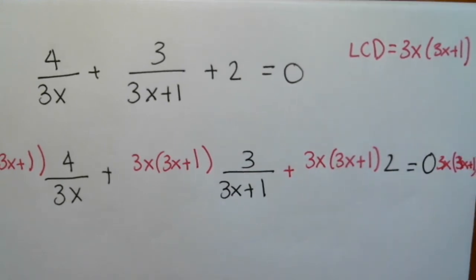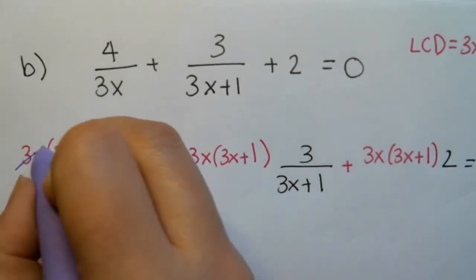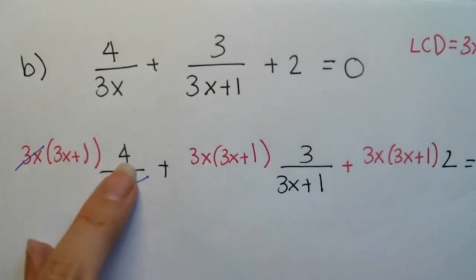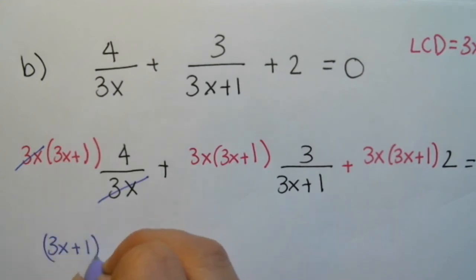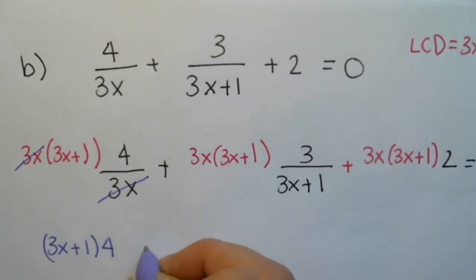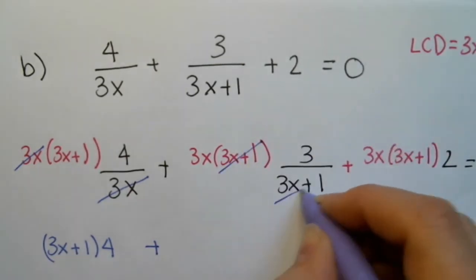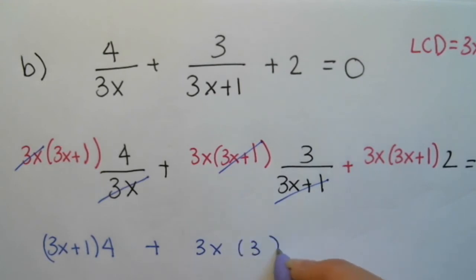So now on the far left, we can see that the 3x is going to cancel with this 3x, and I'm going to be left with 3x plus 1 times 4. Here, the 3x plus 1 is going to cancel with the 3x plus 1, and I'm left with 3x times 3.